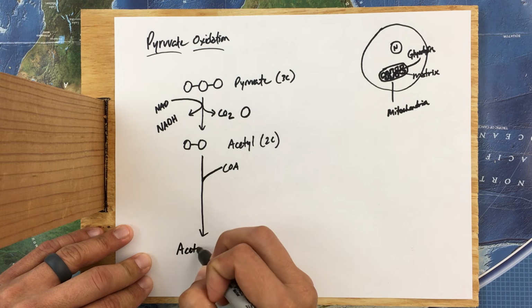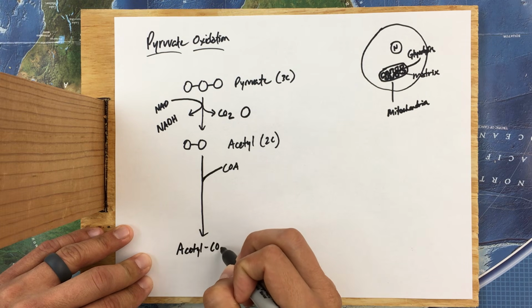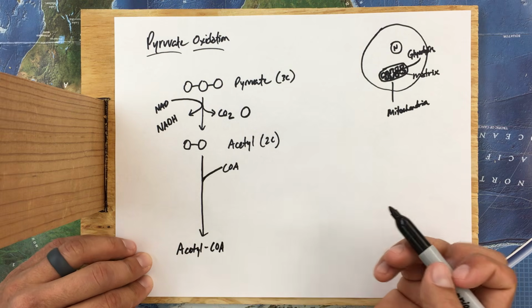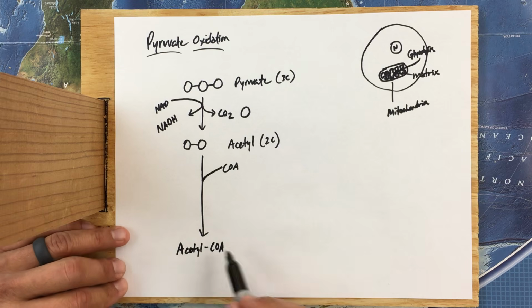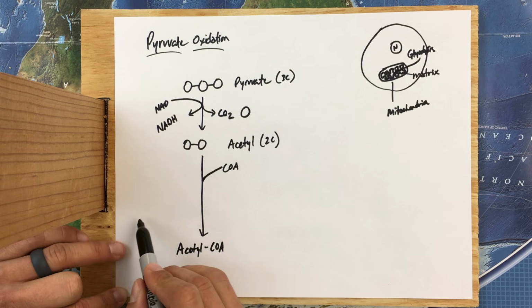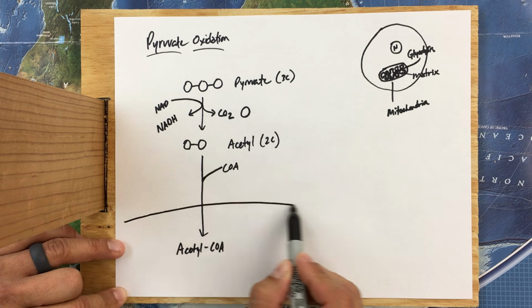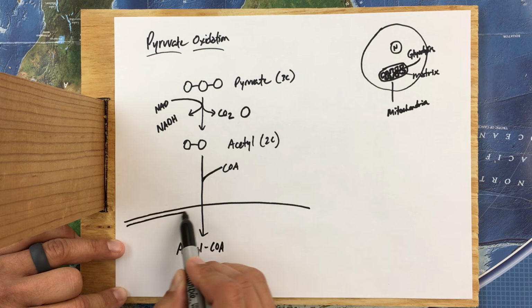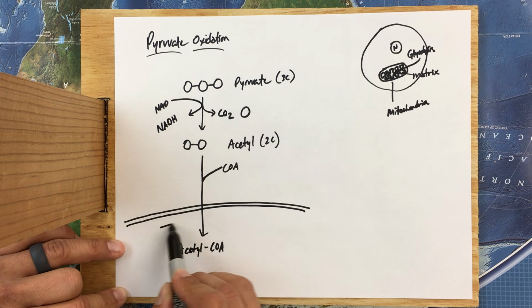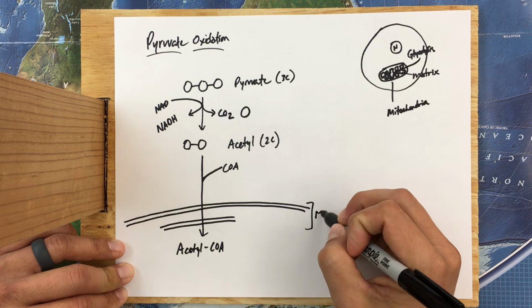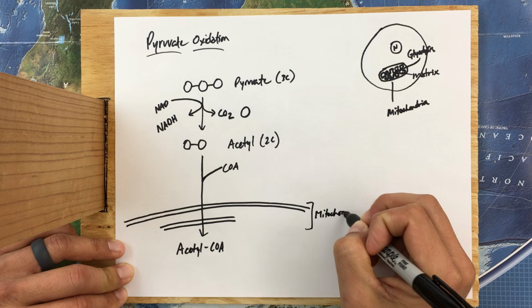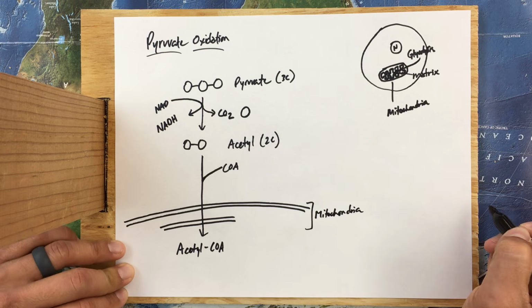Acetyl-CoA is accepted by the membrane of the mitochondria. And so after it turns into acetyl-CoA, it can go through the membrane. It's actually going to go through two of them, of the mitochondria. So here's our mitochondria.